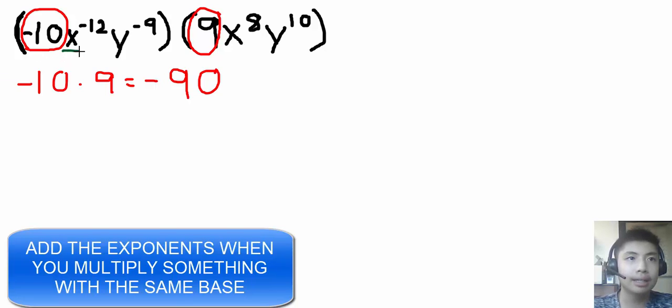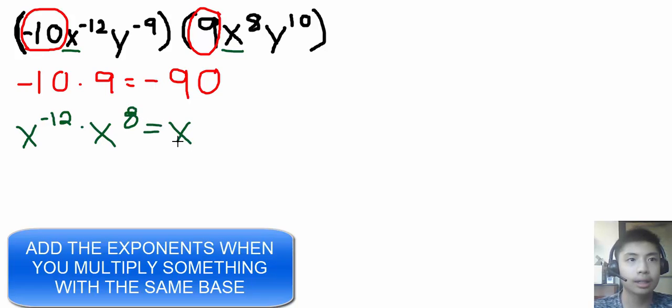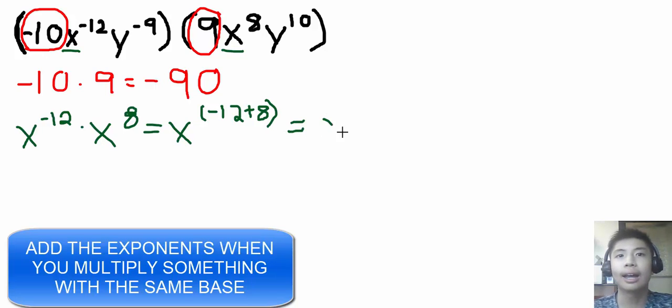Since they have the same base, x, we can do x to the -12 times x to the 8th equals x to the -12 plus 8. And that equals x to the -4th.